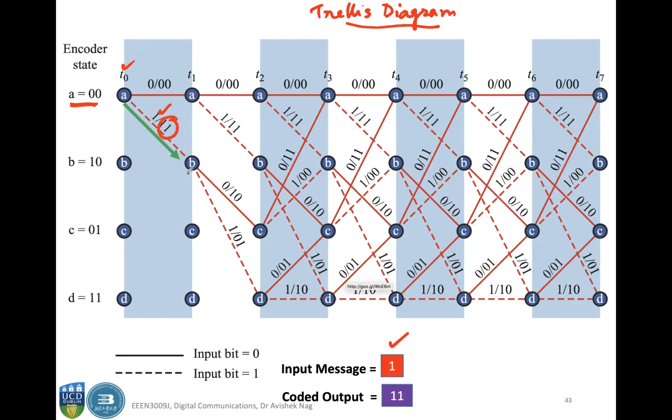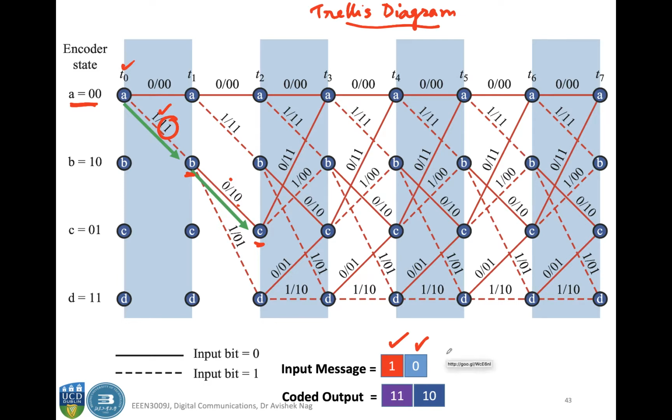Now let's say at t equal to t1 you are here, and let's imagine that the next input message bit is 0. In that case it will move through this path of the trellis. So here the input is 0, and it moves to state C with an output 10. So the coded output will be 10, because your input is 0.